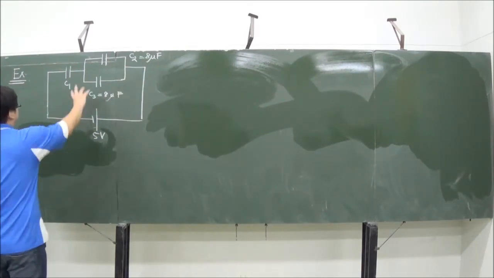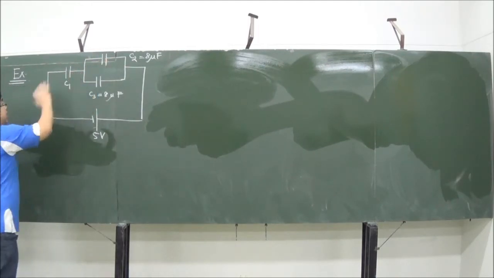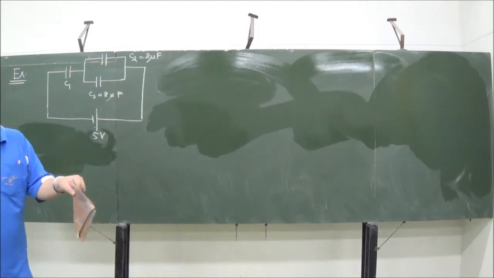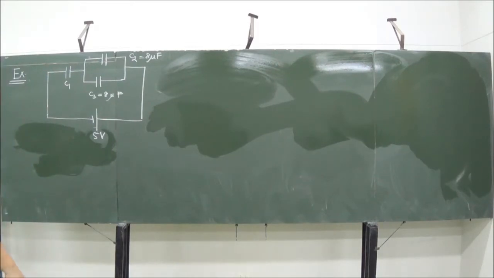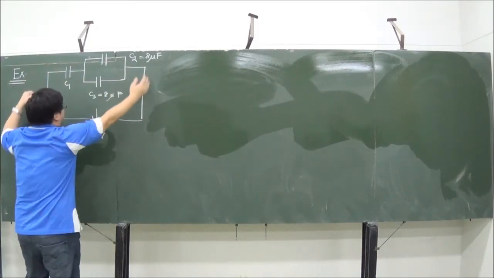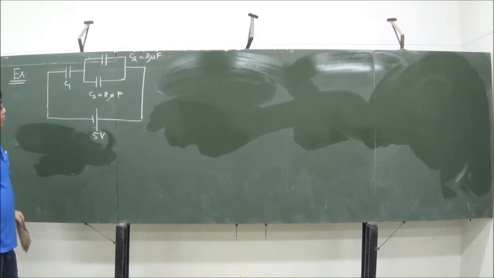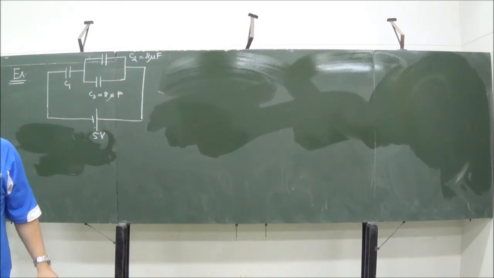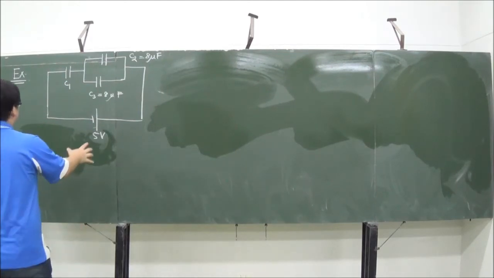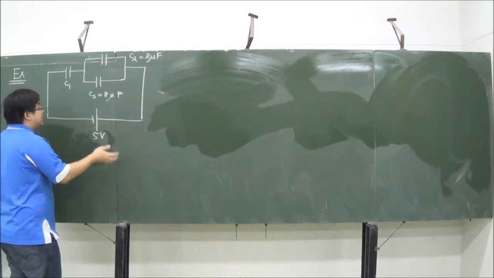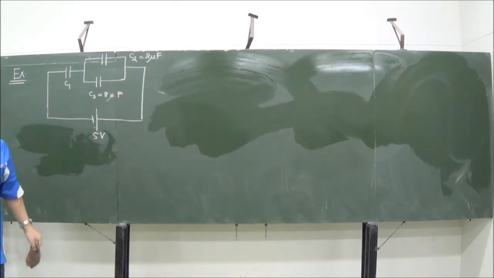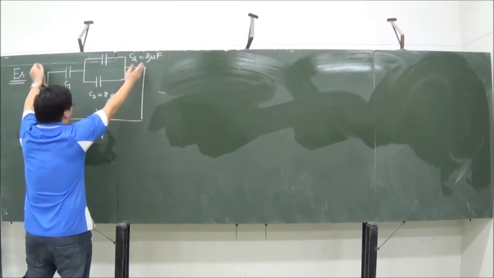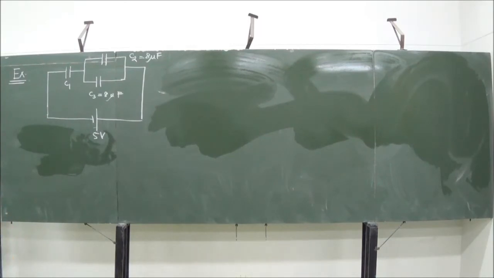And then we connect this system with C1 in series. Finally, we charge the whole capacitors by this battery which has an electromotive force of 5 volts. We are going to learn the concept of electromotive force in the next lecture. For now, you think that this battery just gives the potential difference of 5 volts to this whole lot of capacitors.